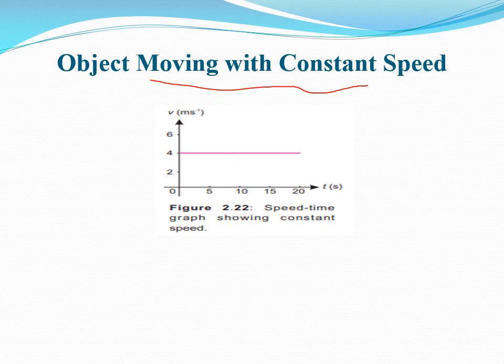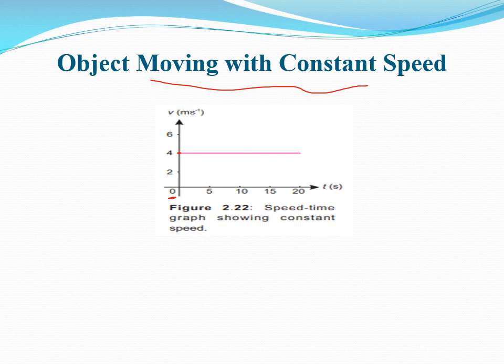Here you are noticing that when we start observing the motion of the object, this origin is shown as the time when we start observing the motion of this object. The body had 4 meter per second as its speed.